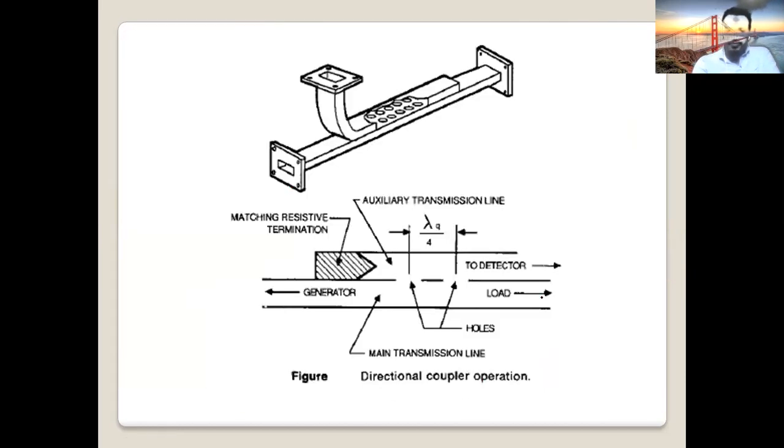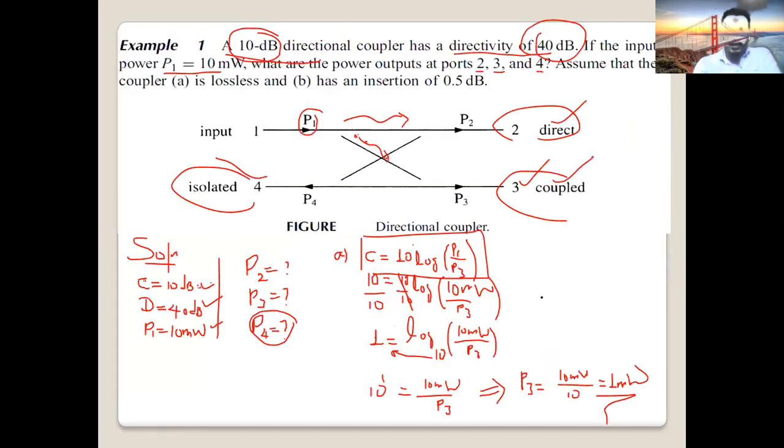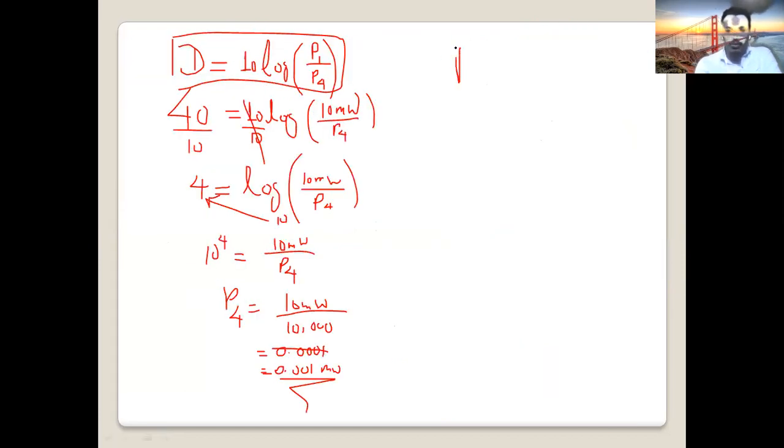In this example, we are asked to assume there is no loss. So what will be P2? P2 will be the input power we apply, minus P3, the coupled power in the correct direction, minus P4, the coupled power in the wrong direction, minus the amount of attenuation. But here, assume loss is 0. So what will be P2? P1 is how much? 10 milliwatt, right? Minus P3, how much? 1 milliwatt.